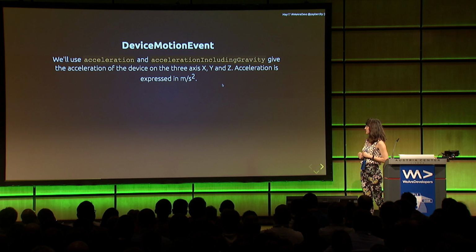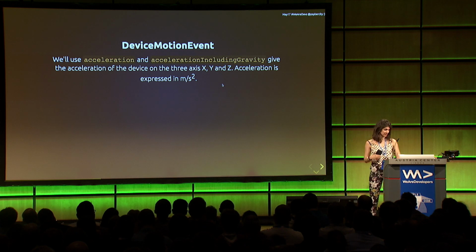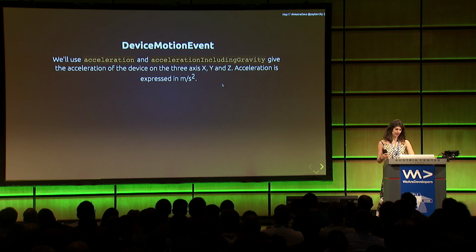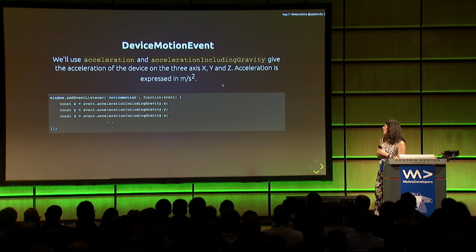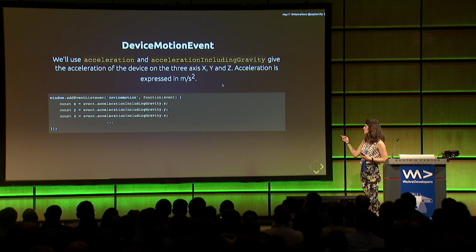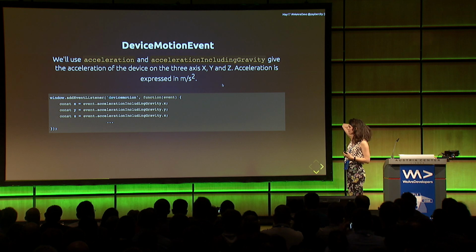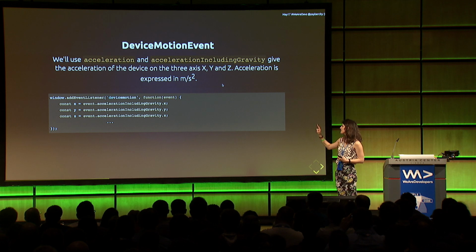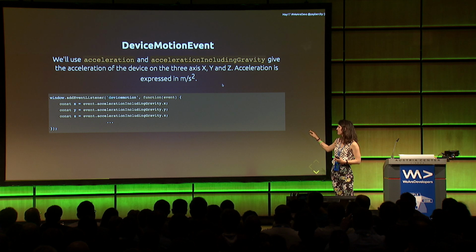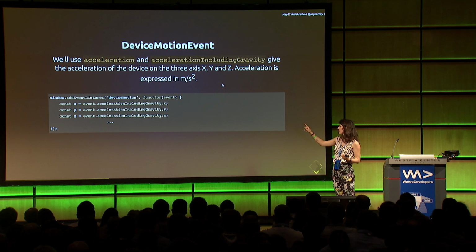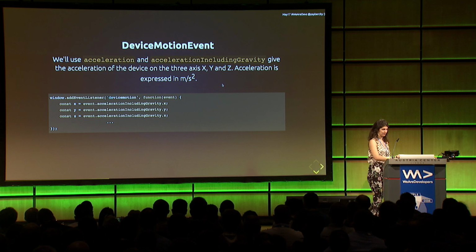It gives us the acceleration of the device on 3 axes, x, y, and z, and acceleration is expressed in meters per square second. The code to read that in JavaScript is that simple. You add an event listener to the window, which listens for device motion, and it fires an event each time the device is moving, and the events can be accessed like this.